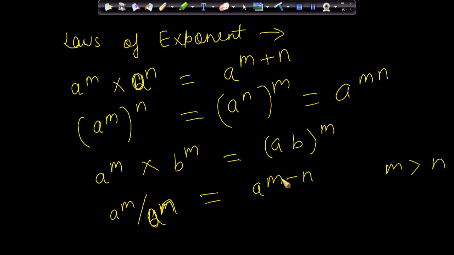Normally we take it so that this number is positive. It's not necessary, we also have 1 by a square, but this is how we take it.